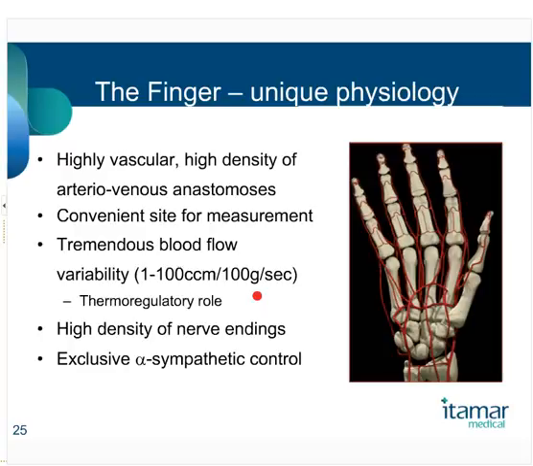It has a tremendous amount of blood flow, so there's a lot going on in terms of the dynamism of what's happening in the peripheral fingertips. Because there's a lot of flow, you can detect really minor changes very sensitively.